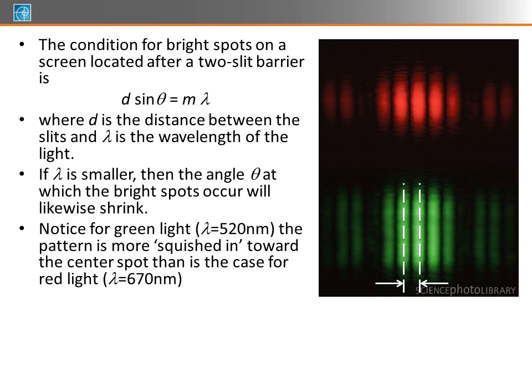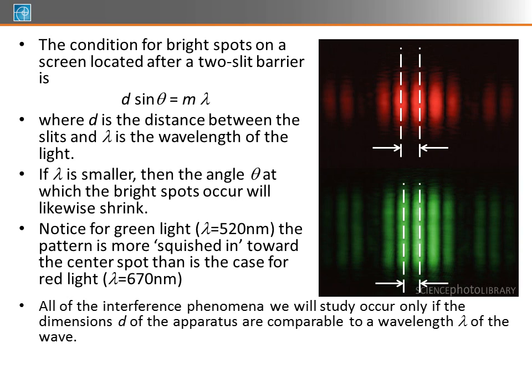The answer is yes. And if we could accurately measure this distance or the angle between these, we could determine one of the wavelengths from the other. It's a cool little problem, and we see a lot of these types of problems. The longer the wavelength, the larger the angle is.